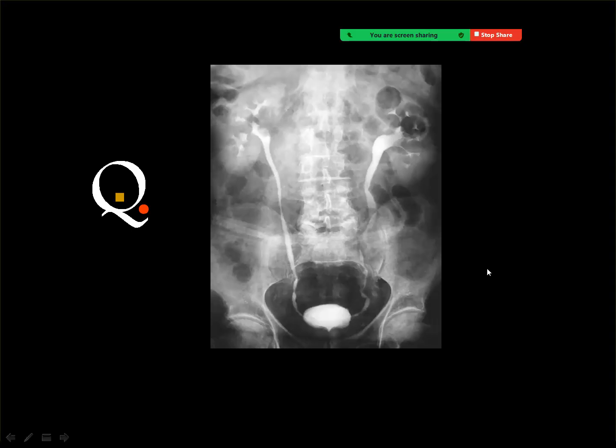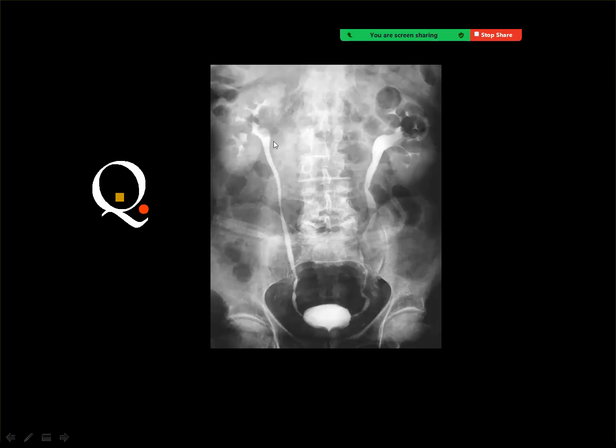Filling defects are usually interpreted as calculi unless proved otherwise. But if you have a better look at this appearance, it is not a calculus, it is not surrounded by contrast material, then you consider a mural filling defect, which means that you are dealing with a urothelial tumor.